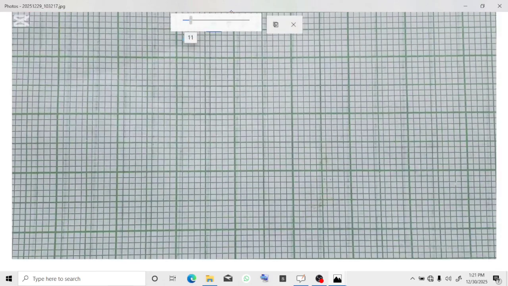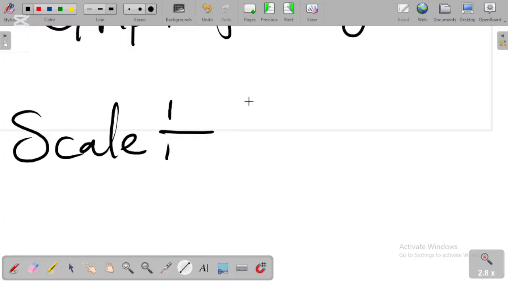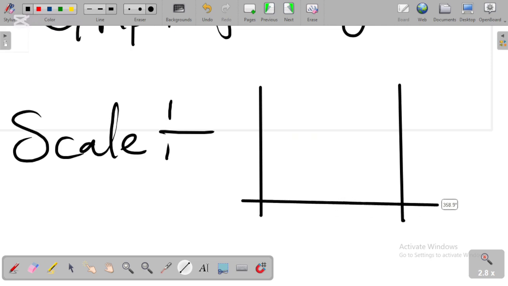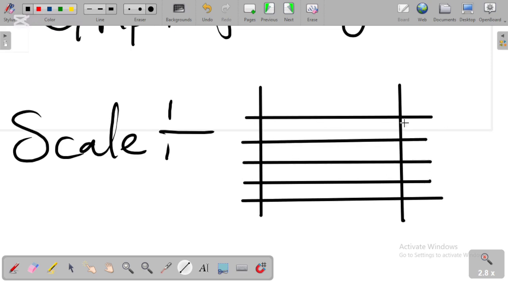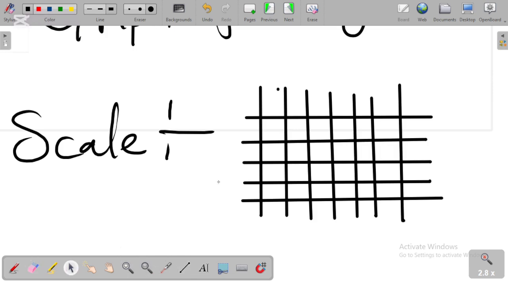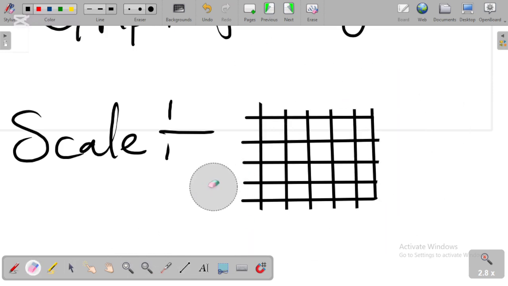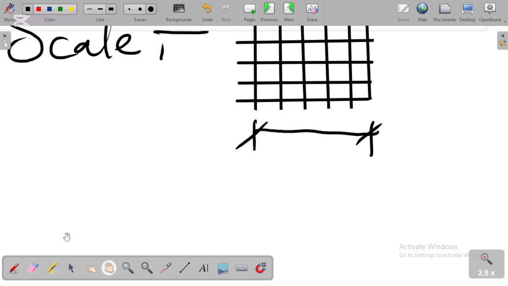All right, so this is a graph. Now take note of this. In a graph, the graph is designed in boxes, small boxes. So take note of this. Each box is 1 unit.